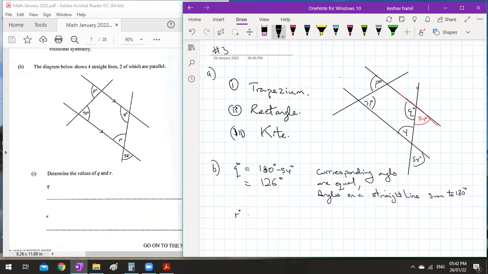Now, this is R. R is vertically opposite to 54, therefore it's 54 degrees, because vertically opposite angles are equal.